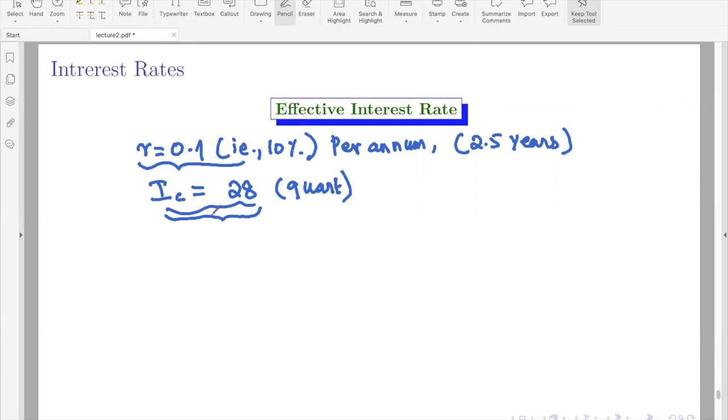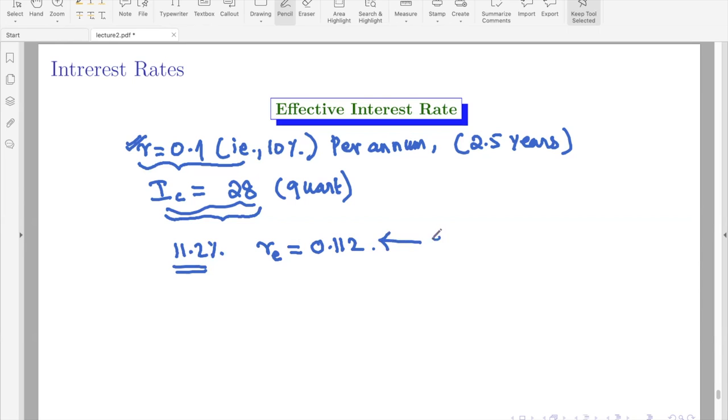So if you see effectively, what was the interest that we obtained here is actually 11.2%, right? In this example, although the interest that was quoted was 10%, because of compounding, we got slightly more. We would have got 25 rupees, but we got 28 rupees. That amounts to 11.2%. If we represent it as RE, it is 0.112, which is actually the interest rate that we obtained due to compounding.